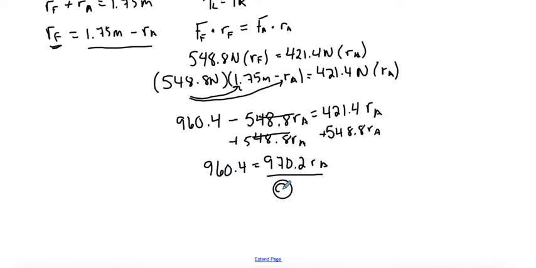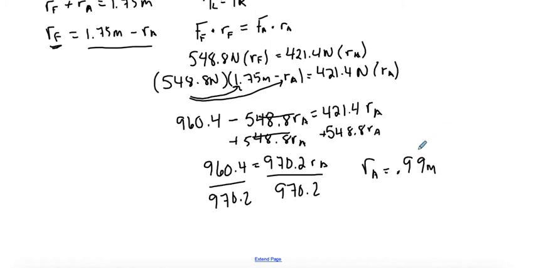We're going to have to divide, and then we will be left with our answer. So r sub a is going to be 960.4 divided by 970.2, and then we get 0.99. Since we found a radius, that's going to be in meters.